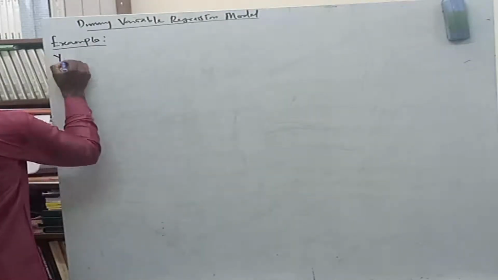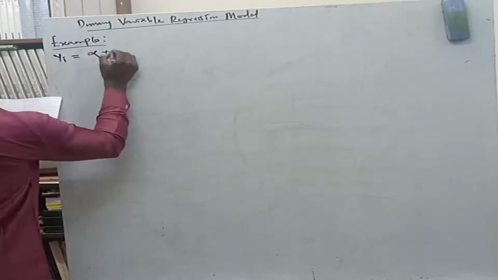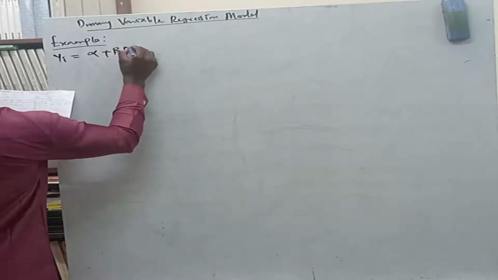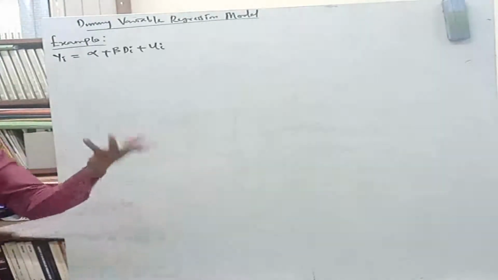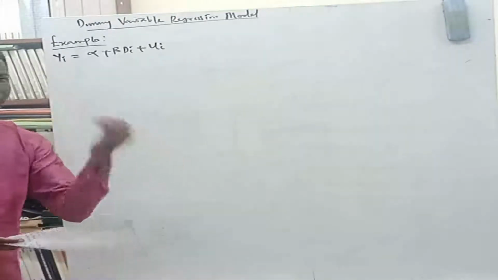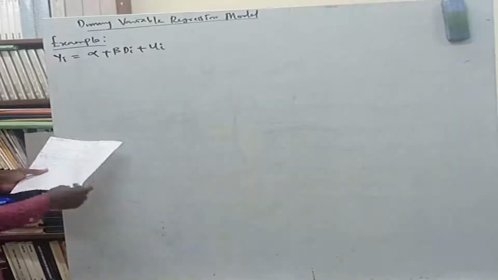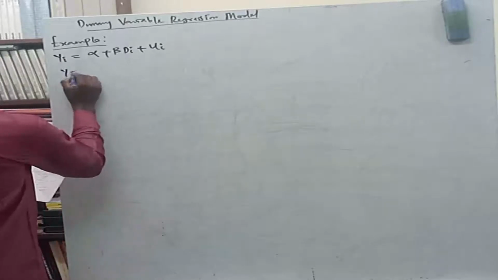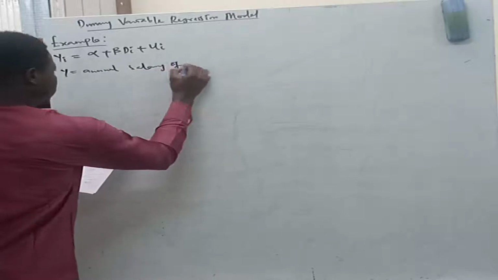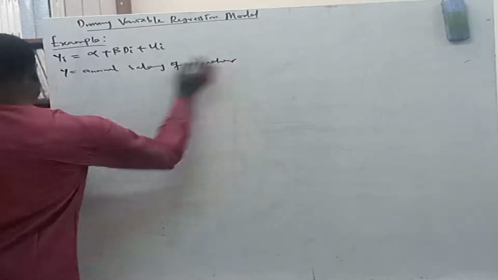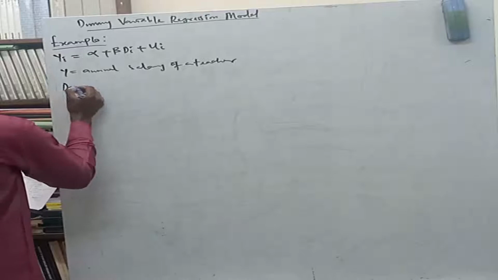So we have yi equals alpha plus. Now the first one we looked at was the ANCOVA model, where we have the combination of qualitative and quantitative variables. In this case, I've decided to use the ANOVA model, where we just have the dummy variable as the explanatory variable. So your y is the annual salary of a teacher. Then the D is a dummy for sex.